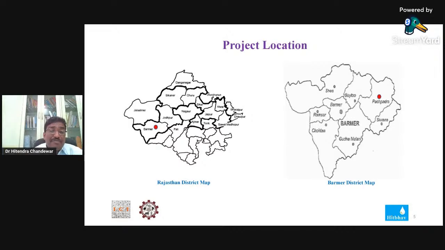And as the water is coming from a long distance, it involves a lot of transit losses. It requires a lot of energy also, because they have to lift the water from the Indira Gandhi Canal, about 230 kilometers away, and take it to the factory area.